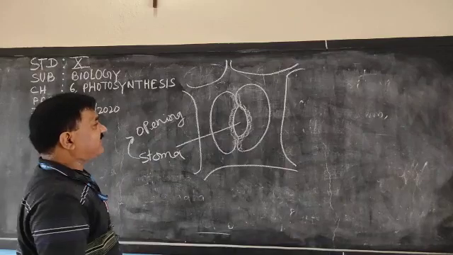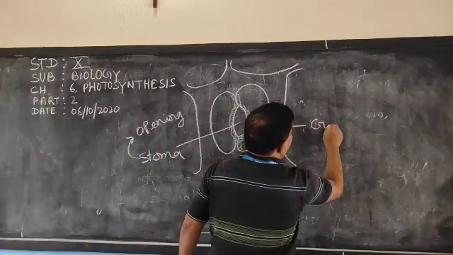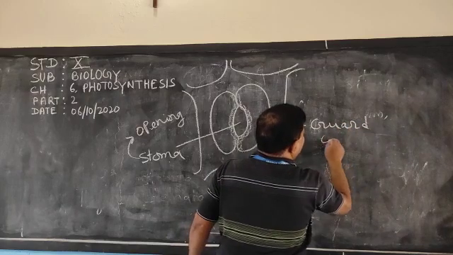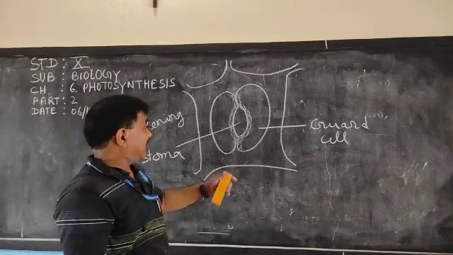The opening is called a stoma, and these kidney shaped cells are the guard cells. The inner wall of the guard cell is thick and the outer is thin.